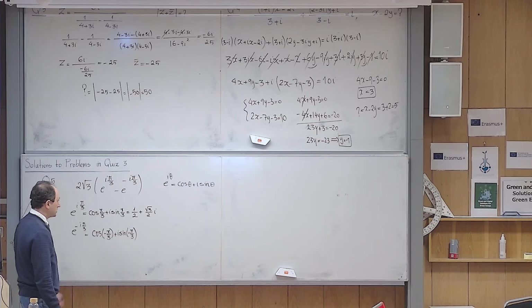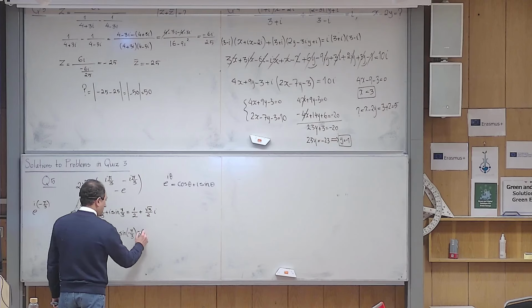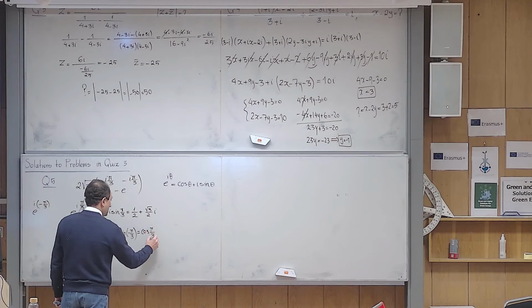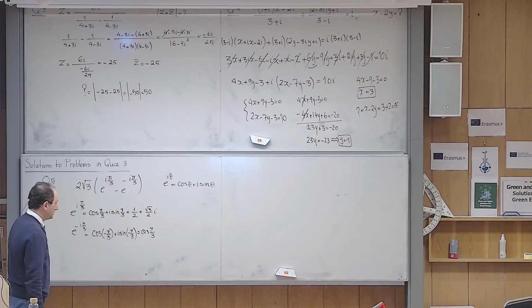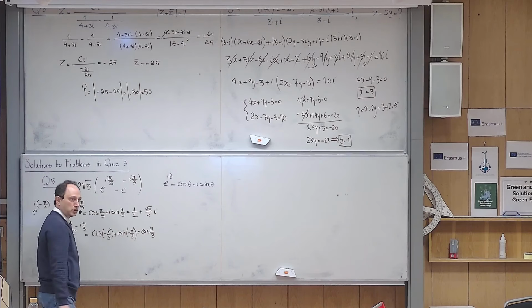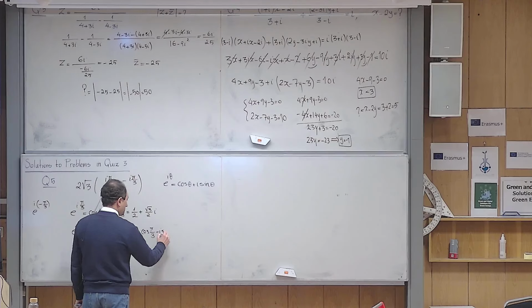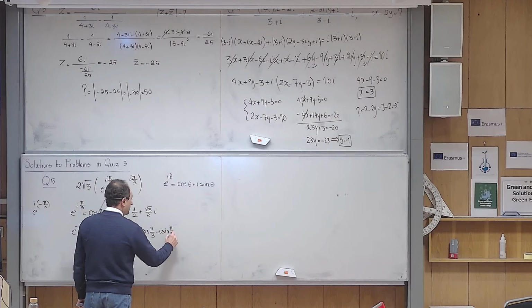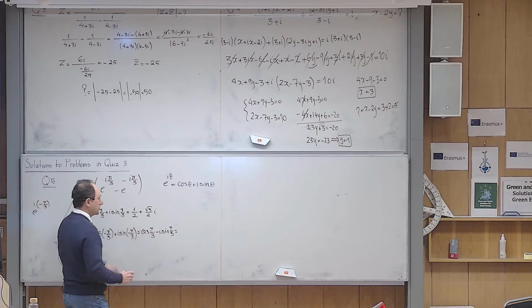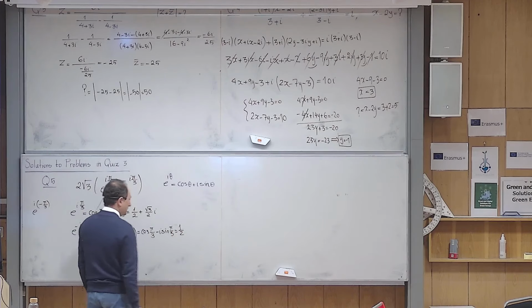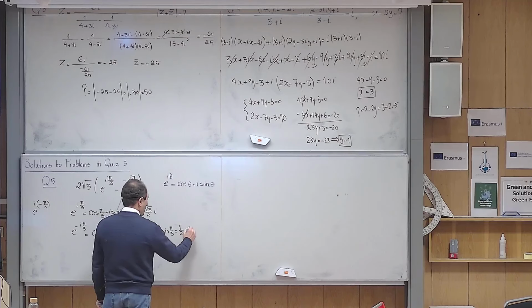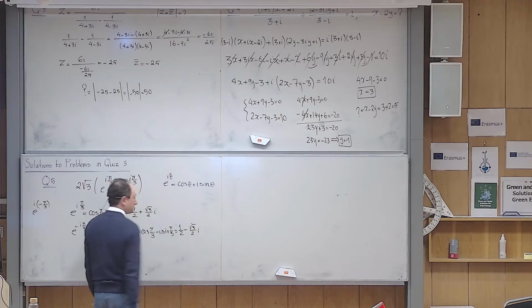What happens for cosine with minus? It will be eliminated, so it becomes just cosine pi over 3. But do you remember what happens for sine? The minus sign will go out. So it becomes minus i sine pi over 3. And then again the same story, cosine pi over 3 is still 1/2. And then this one is minus square root of 3 over 2 i.